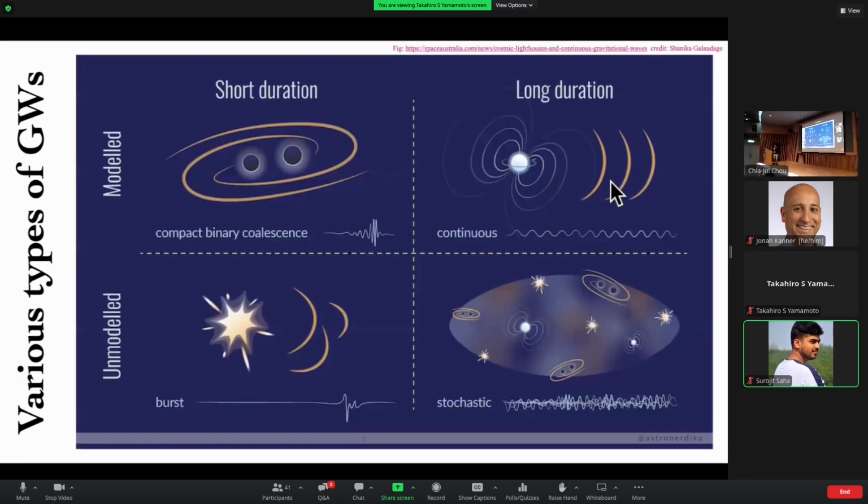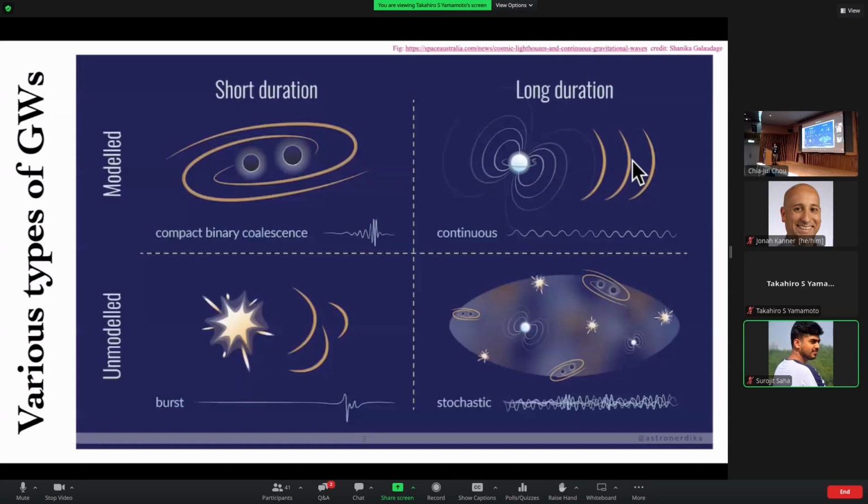Okay, so let's start from the introduction of the continuous waves. So far, the LIGO, Virgo, KAGRA collaboration has detected many gravitational wave events, and they are all coming from compact binary coalescences, but theoretically, we expect various types of gravitational waves.